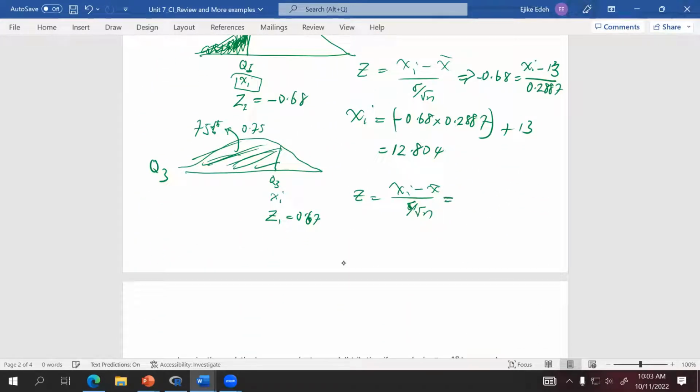So we have here the Z value of 0.67 is equal to, we don't know the data point, we know that the mean is 13, and we know the standard error will be 0.2887. So just as before, if you solve this algebraically, you have 0.67 times 0.2887, and you are going to add 13 to that.